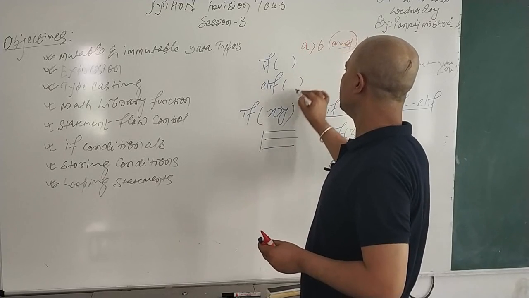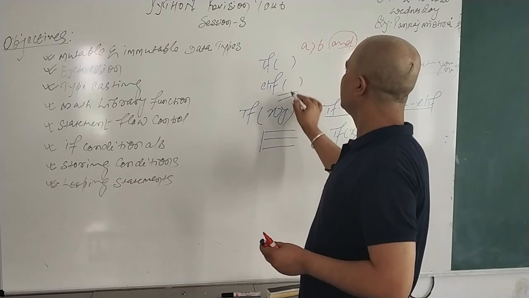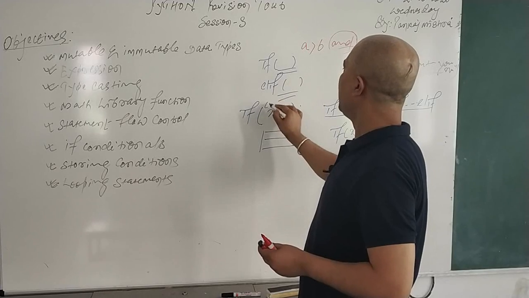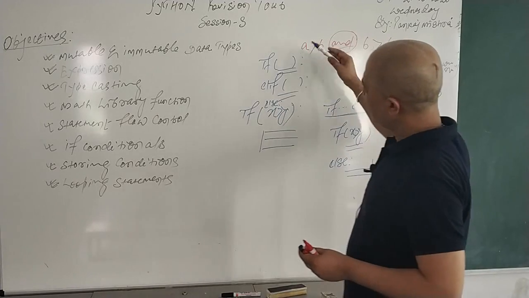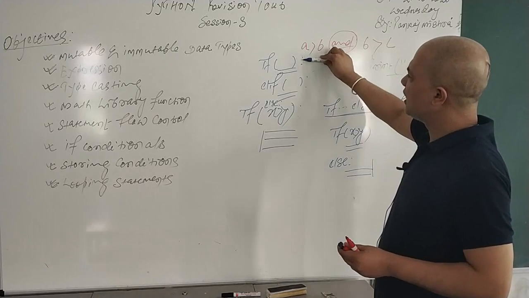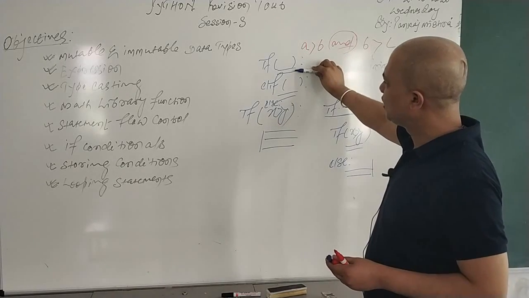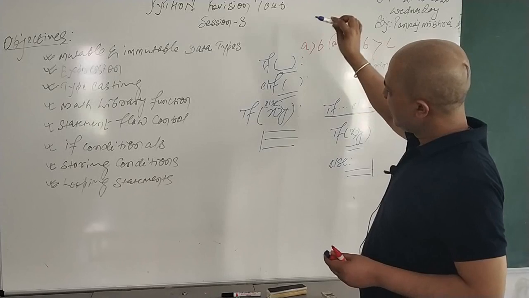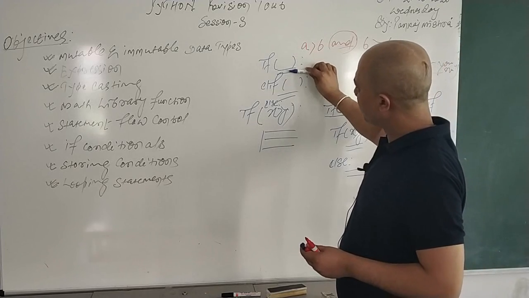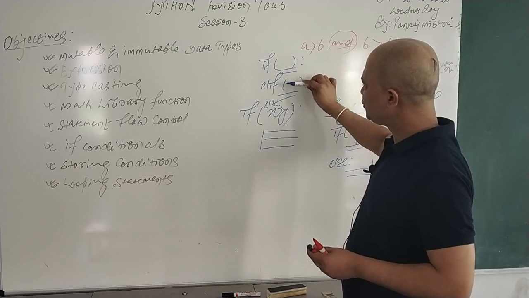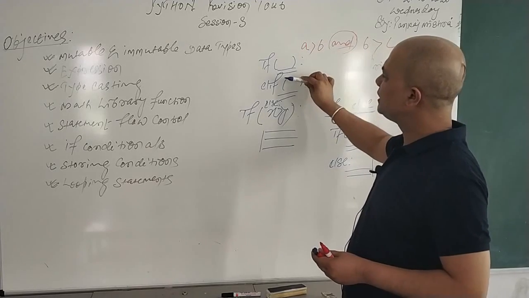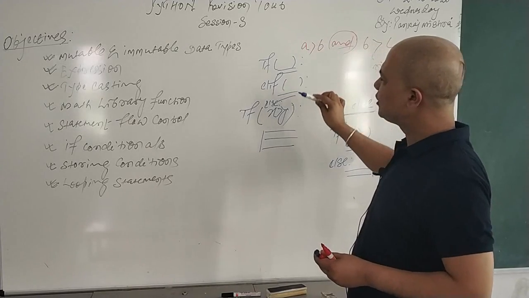Then again whatever condition you have, and inside it there is a statement, and then there is an else. Now see, if the condition is true, it will directly go to this. If the condition is false, then it will not jump to the else, it will go to the elif and check it. If it is true, it will execute it. Otherwise, it will go to the else.